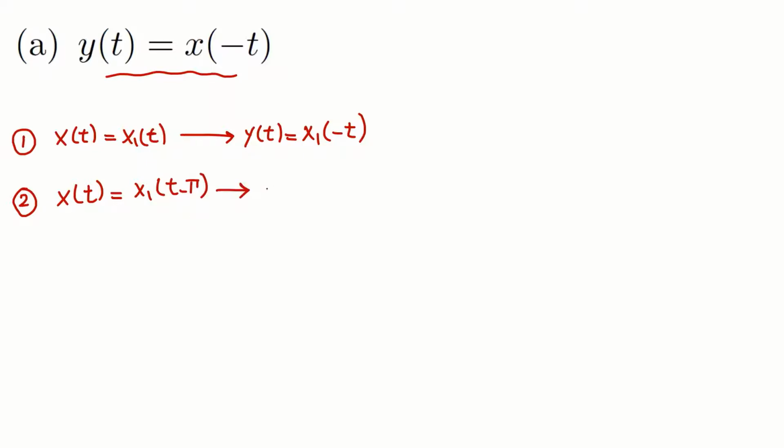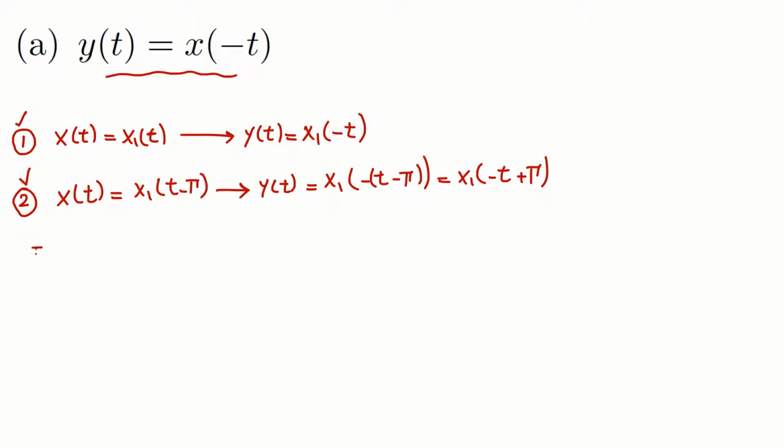I give this to the system, and the output at this time would be x1(−t − τ), which is x1(−t + τ). These two together describe the system and show the system's behavior.